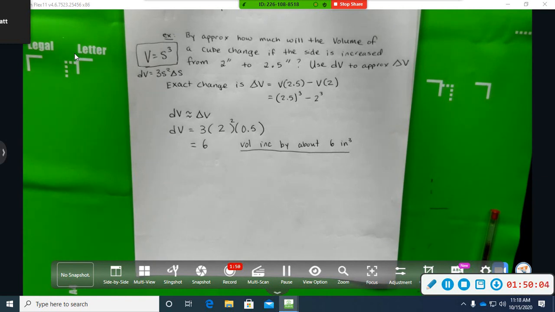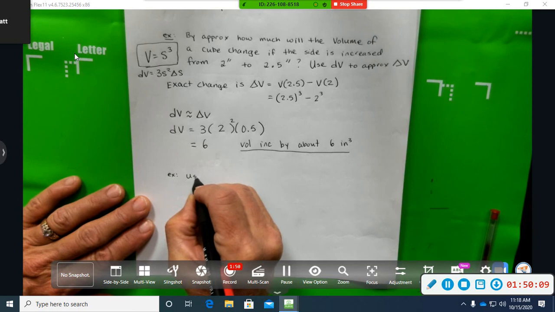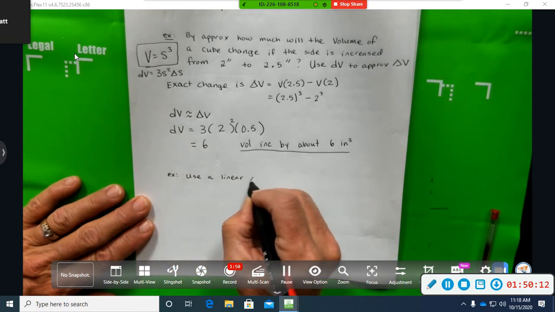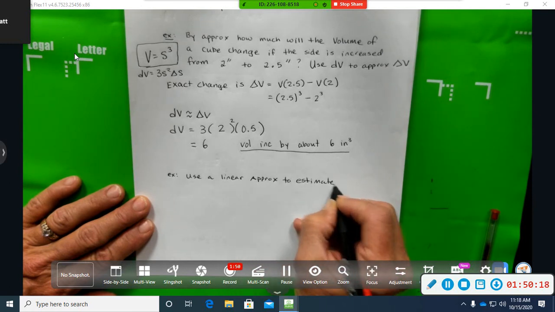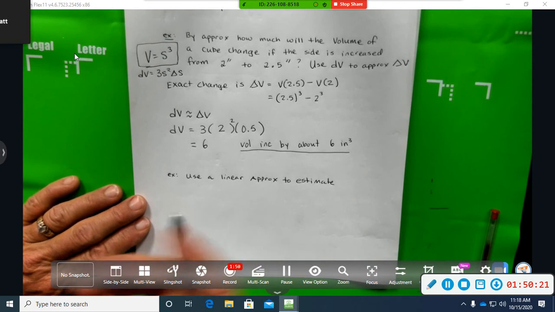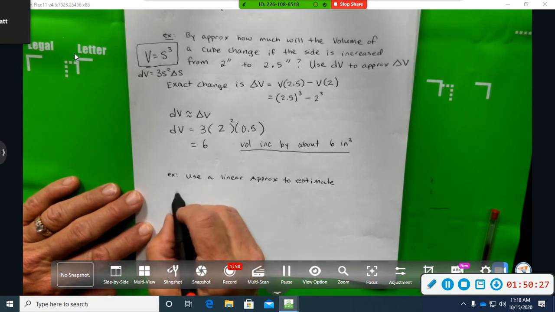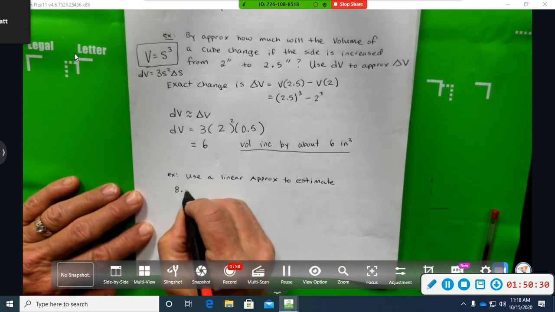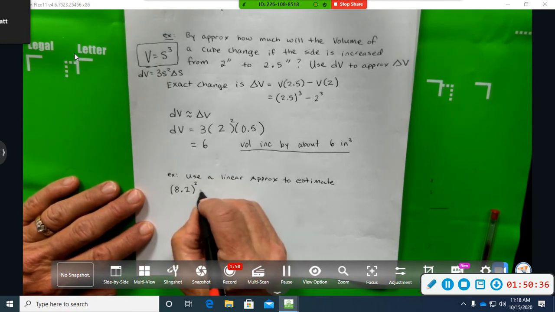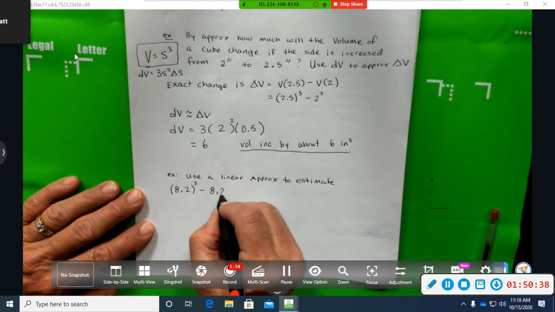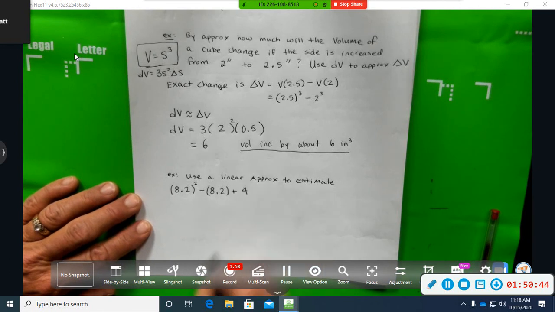And the other thing that we used was the linear approximation, and that was something like this. Use a linear approximation to estimate (8.2) squared minus 8.2 plus 4.